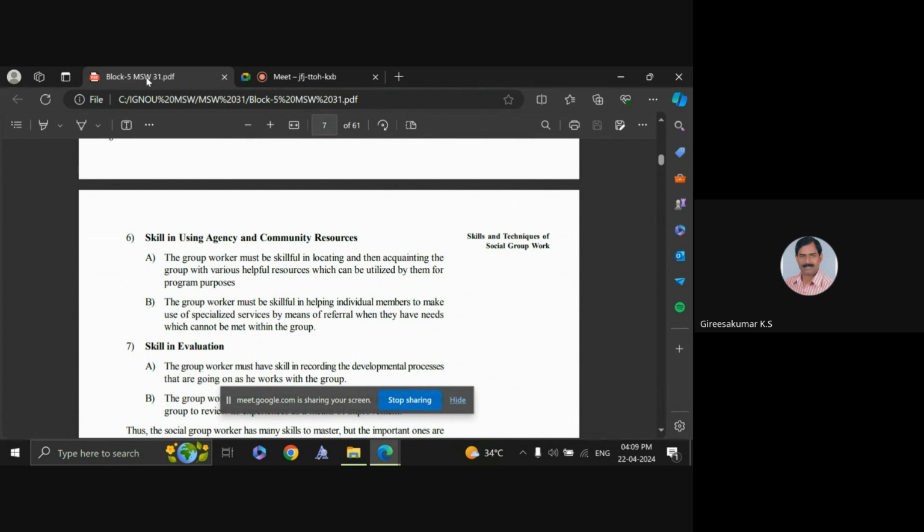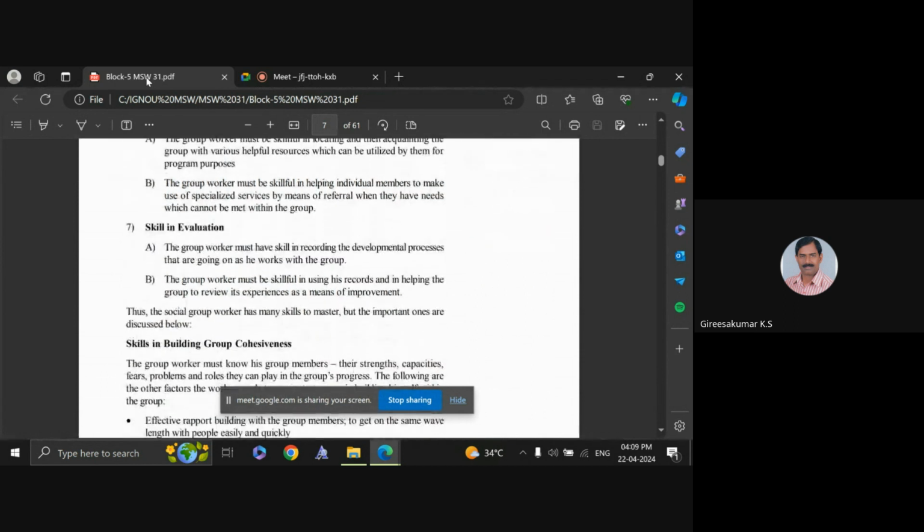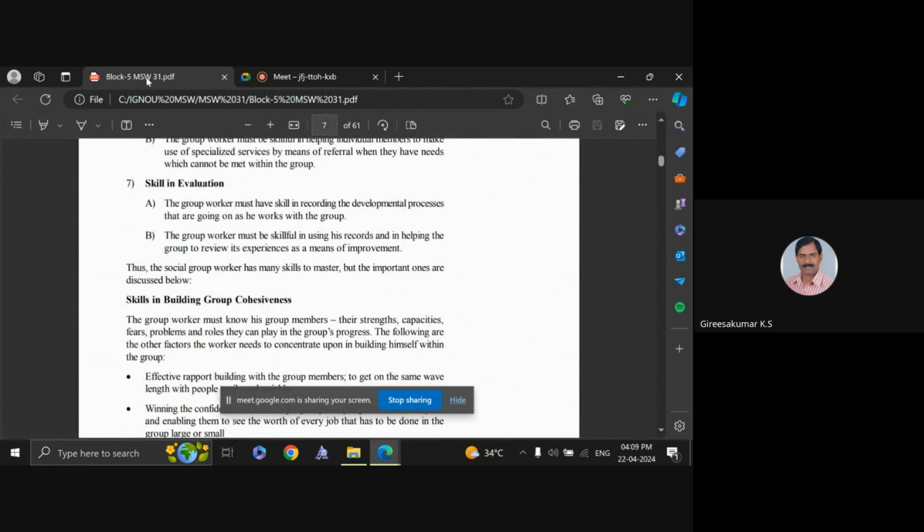Otherwise, what will happen? To mobilize things will not be easy. Then skill in evaluation, that is the seventh skill. The worker must have a skill in recording the development process and everything that is going on as he works with the group. Hence, he must record everything.